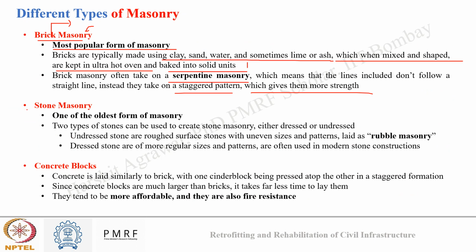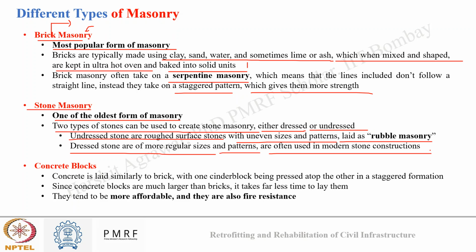Okay. Now, second, we have stone masonry. This is also one of the oldest forms of masonry. Two types of stone can be used to create stone masonry: either dressed stones or undressed stones. Undressed stones are roughened surface stones with uneven size and pattern, which are laid as rubble masonry, while dressed stones are of more regular size and pattern, which are often used in modern stone construction.